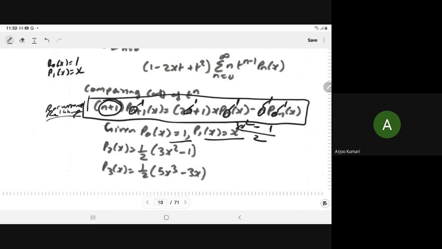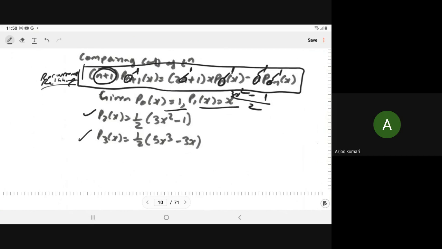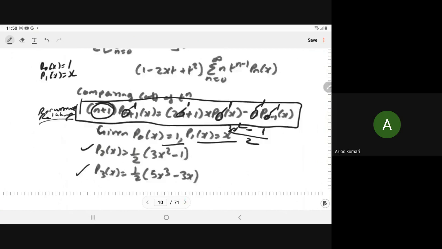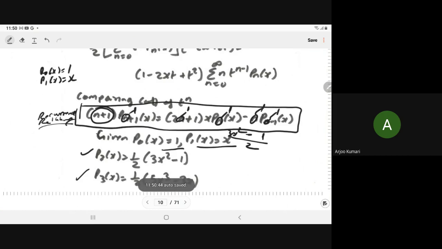Similarly, you can compute P2, P3, and so on. Just by putting n equal to 1, 2, 3, and so on, through this recurrence relation, you can determine all the Legendre polynomials.